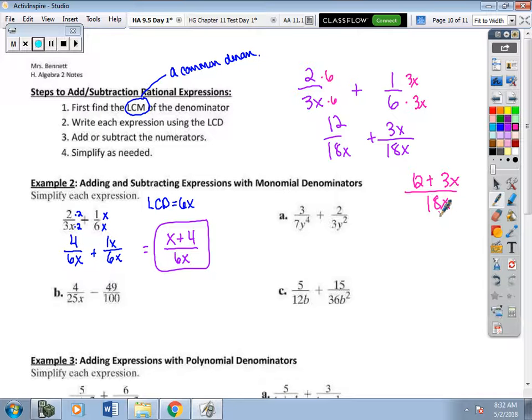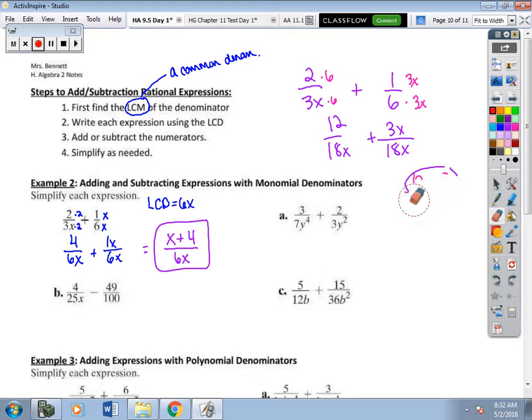It needs to be reduced, so you would then factor the top, factor a 3 out of there, and then you would be able to reduce the 3/18 to be 1/6. So if you prefer, you can just find the common denominator, but you will have to do more simplifying at the end.